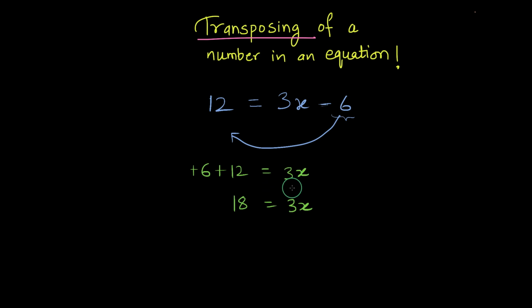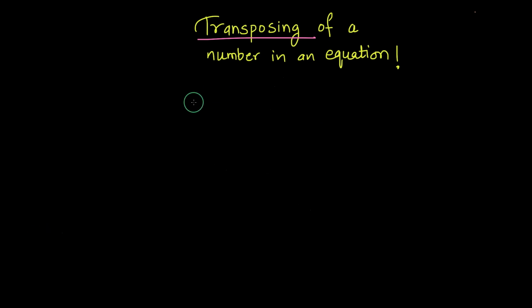Not just that, we can also transpose the term containing the variable as well. Let us see how. So let's say we have 7x is equal to 4x minus 12. Now in this, we see that there are two variable terms, and in order to collect variable terms on one of the sides, we will choose left hand side for the variable collection.